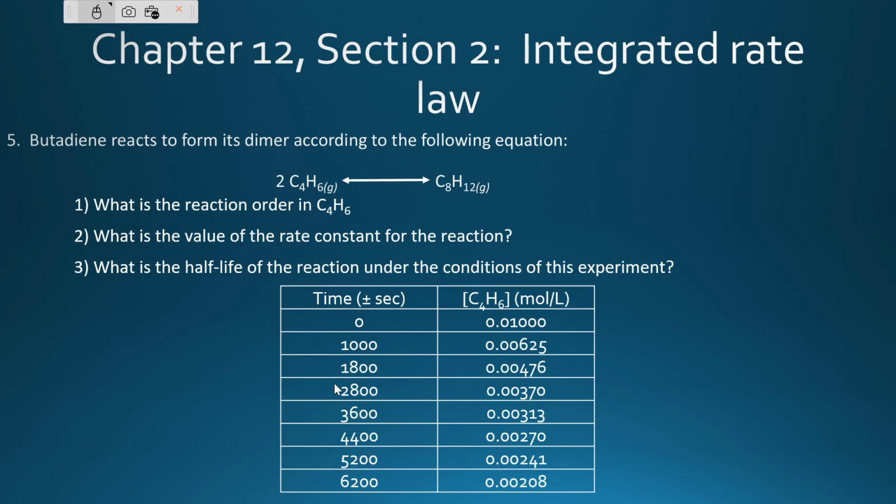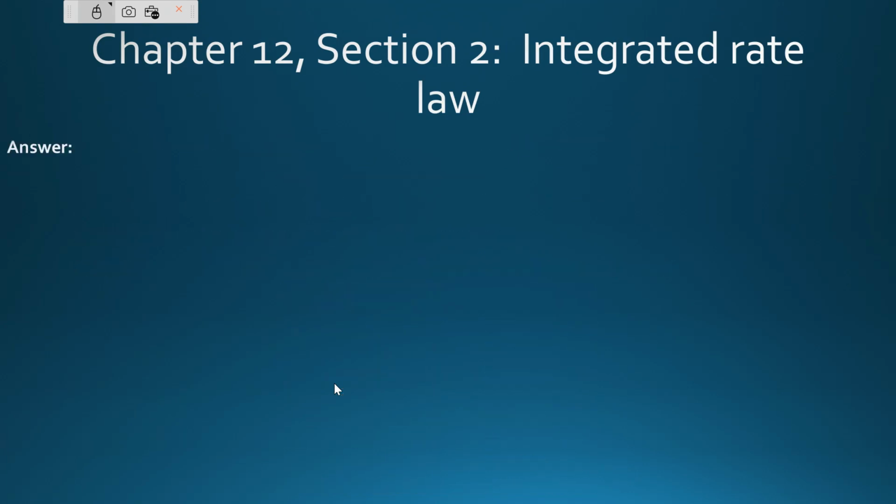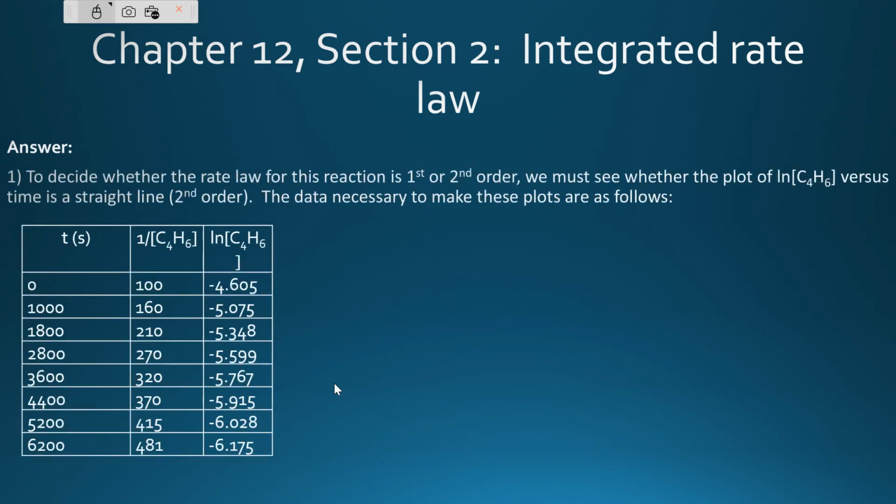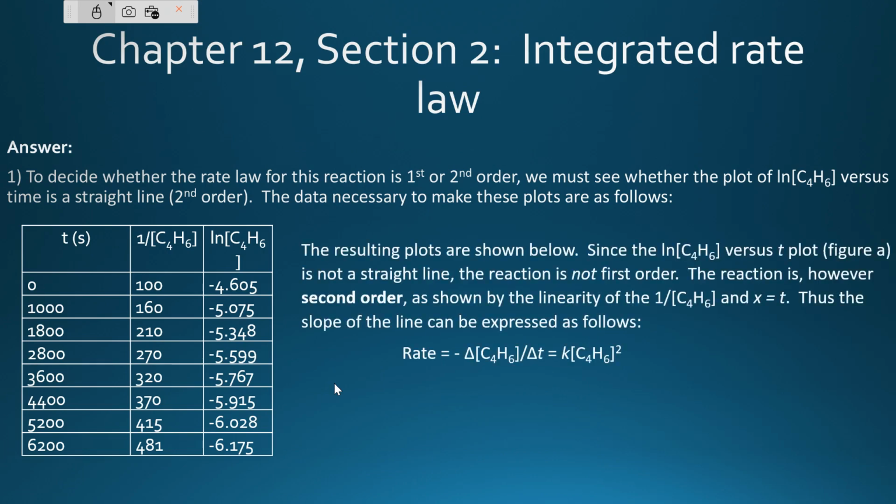Just taking a look at these values, I've got the answer actually posted here. To figure out the first or second order, we want to see whether the plot of this versus time is a straight line, or if it's going to be something else going on. The data necessary to make the plot are as follows.